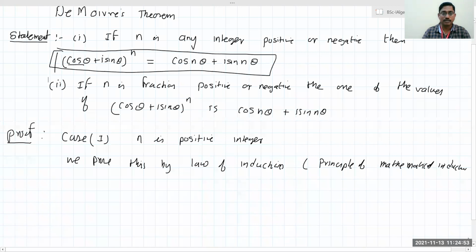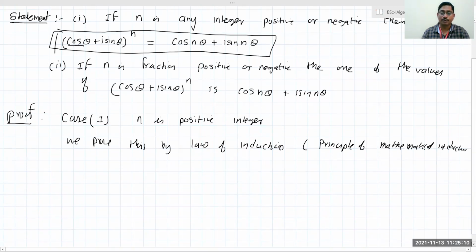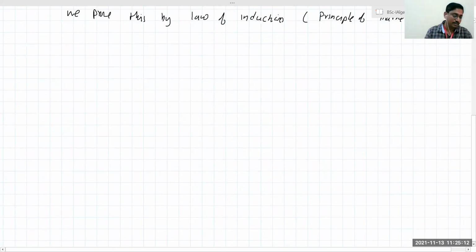So all days the bus comes at the same time. So we have to prove the statement for n equal to 1. If it is true for n equal to 1, then assume that the statement is true for n equal to k or n equal to m, and prove that for the very next integer the same statement holds. If it is true, then it is true for every natural number. That is the law of induction.